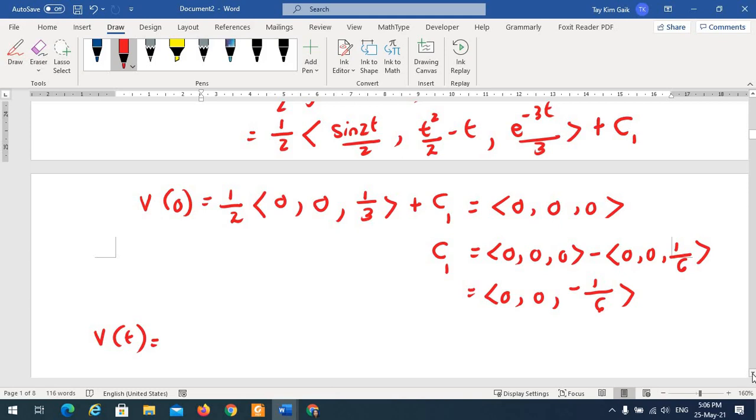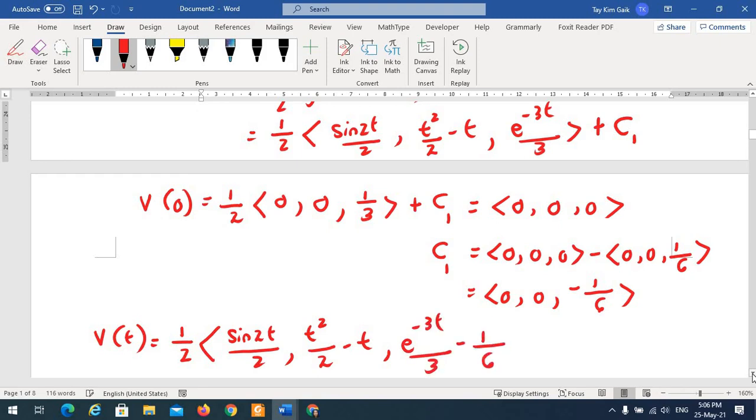So your v(t) is half of sin 2t over 2, t squared over 2 minus t, e to the negative 3t over 3 minus 1/6. So this is the v(t).